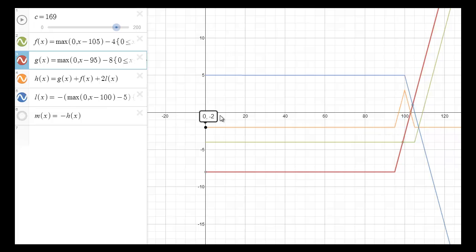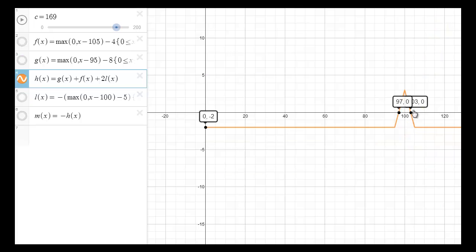You see that the net loss here is minus $2, but the trader starts making money between the points 97, this point he makes money, and 103 he makes money. So let us just focus on this orange graph.